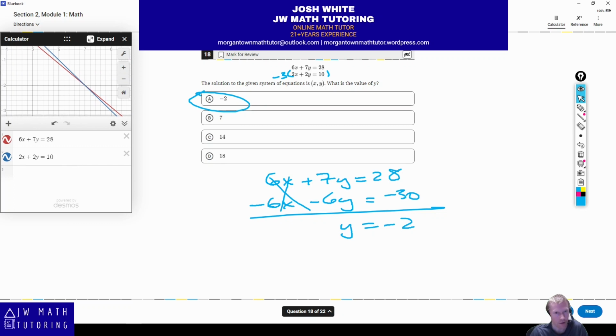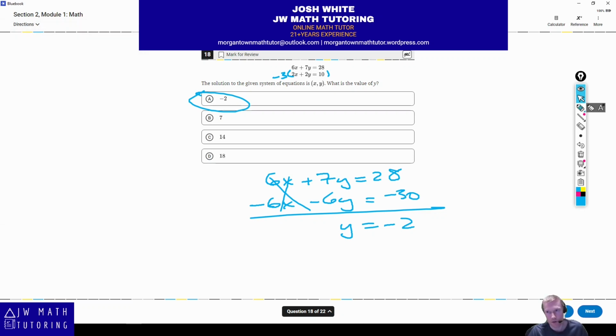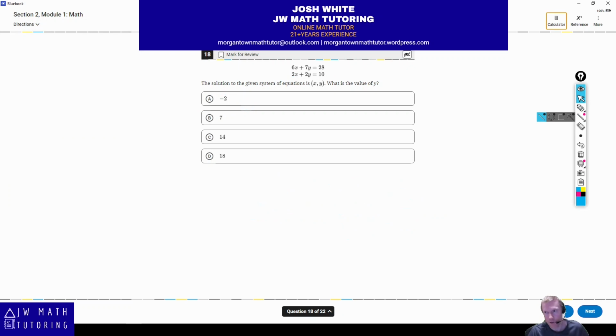Okay, so where do they intersect? Looks like right here, 7 comma -2. So what's the y value? Well, it's -2. Answer choice A, and that's it. So again, probably quicker to do it on the calculator, but you can also, of course, do it by hand as well.